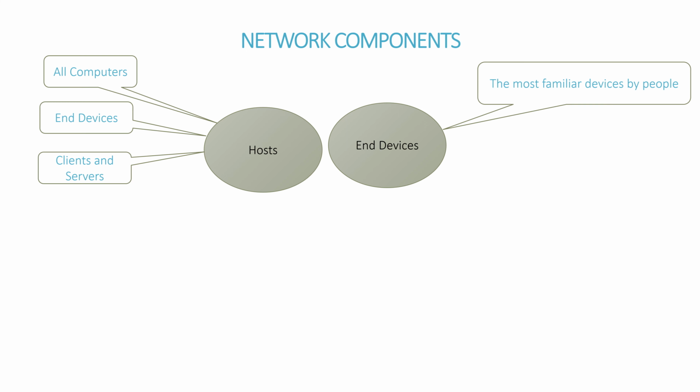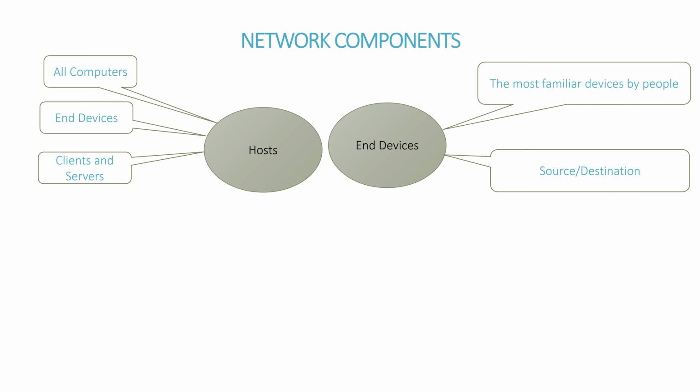They use the address of the destination end device to specify where to deliver the message. An end device can be a source or a destination. A source end device is the device where the message originates, and the destination end device is the device where the message needs to be delivered.